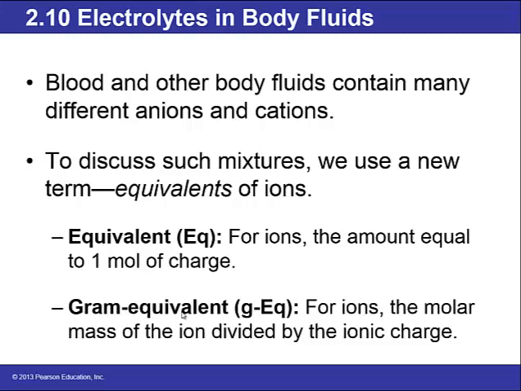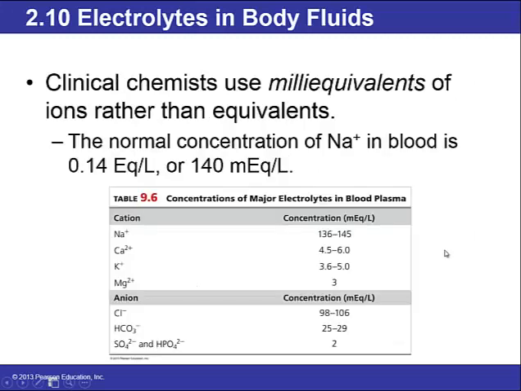So you can have a gram equivalent for those ions, or the molar mass of the ion divided by the ionic charge. So our clinical chemists would use milliequivalents of ions rather than equivalents to denote concentrations that occur within the bloodstream, because this is a more useful term, since we usually have smaller concentrations of ions inside the bloodstream.